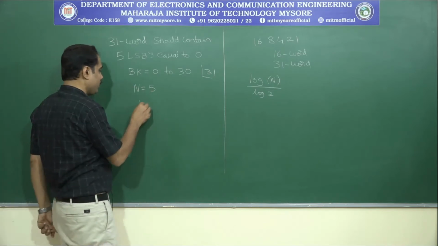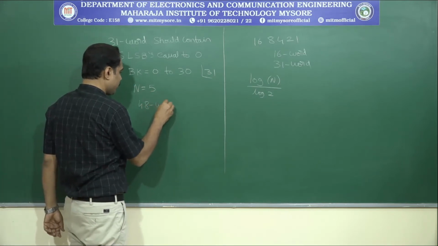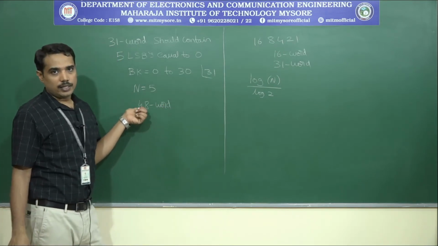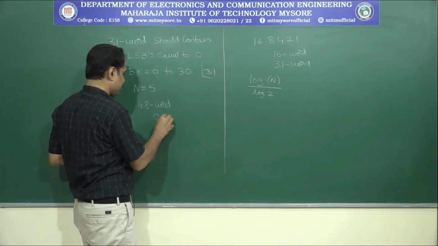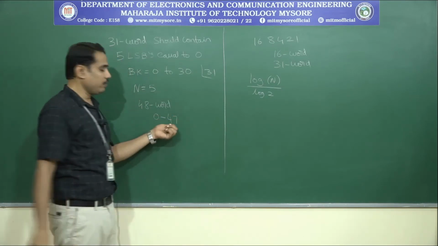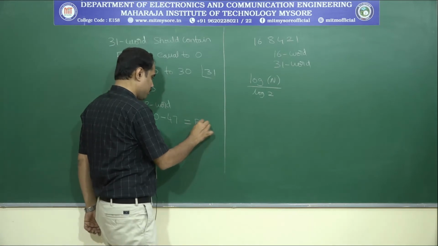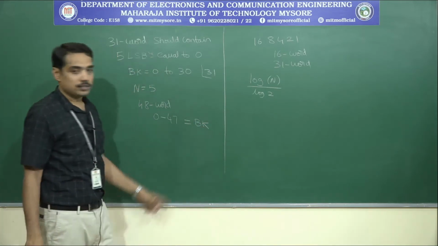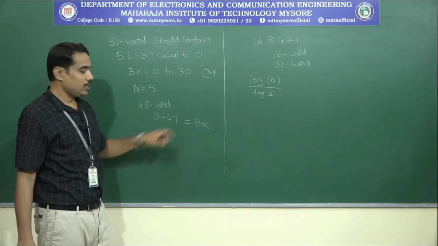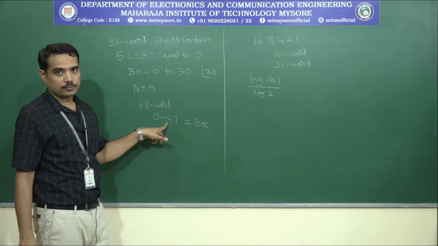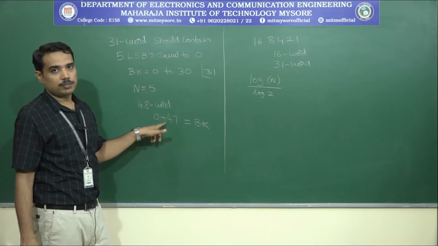For a 48 word buffer, if we start from the index 0, then 47 is the value which is to be loaded to the circular buffer register BK. And here, with respect to this value 47, how many LSBs must be equal to 0?